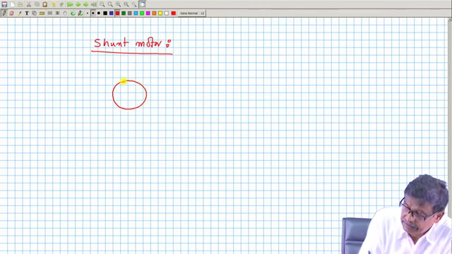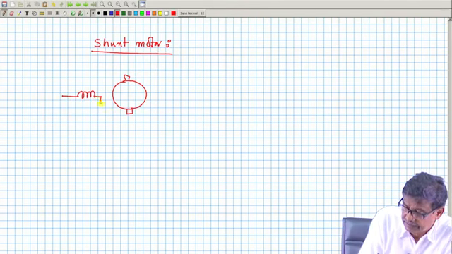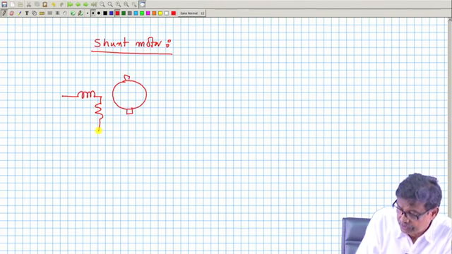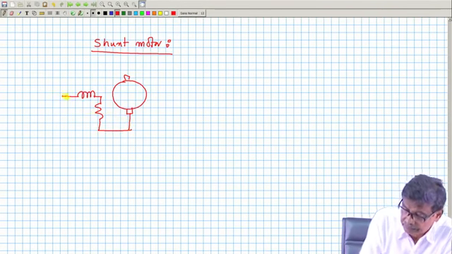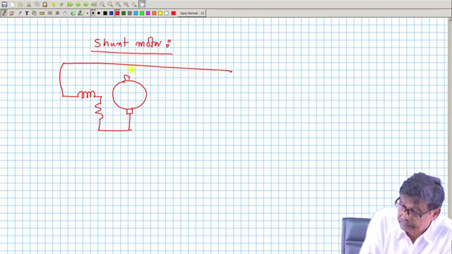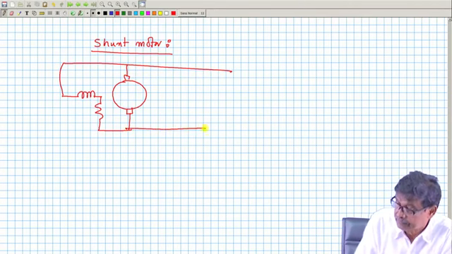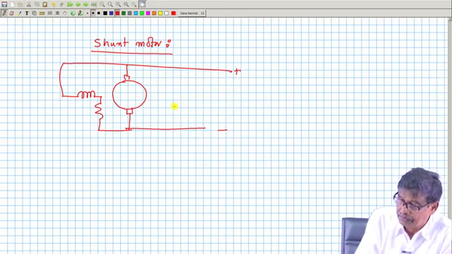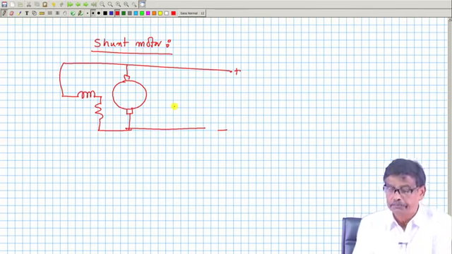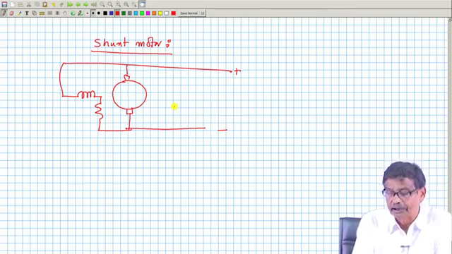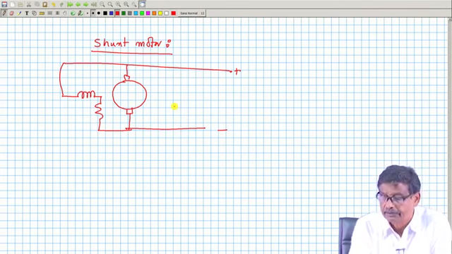This is the armature, this is the field, these two are connected in parallel, and here you give supply voltage. Here no point in distinguishing between the voltage applied across the armature and the field, they are in parallel. So, this is V.